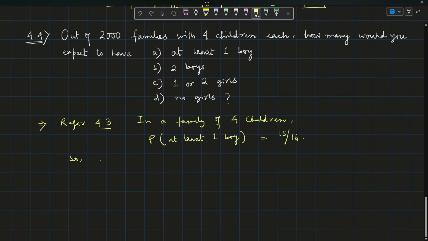Please refer to that. So in this problem, how many families will have at least one boy? There are 2000 total families. So 2000 into 15 by 16, that will be 1875.